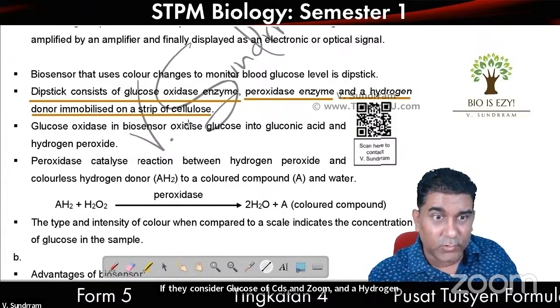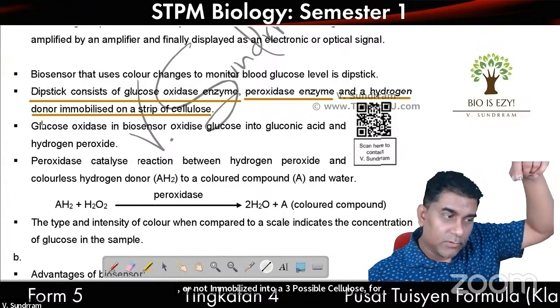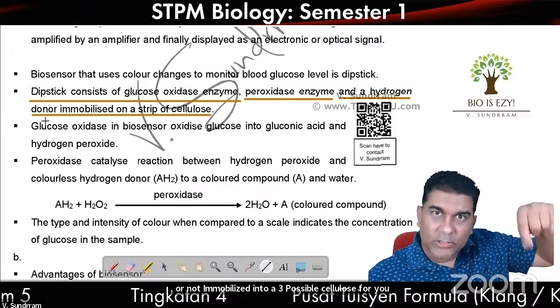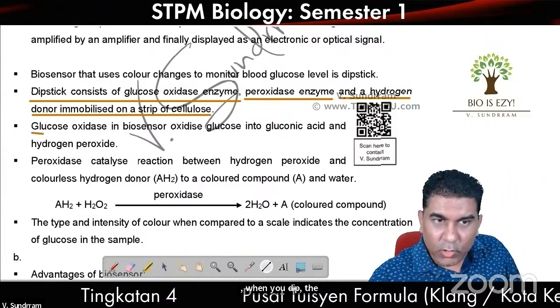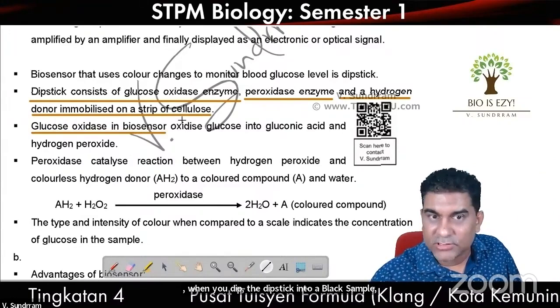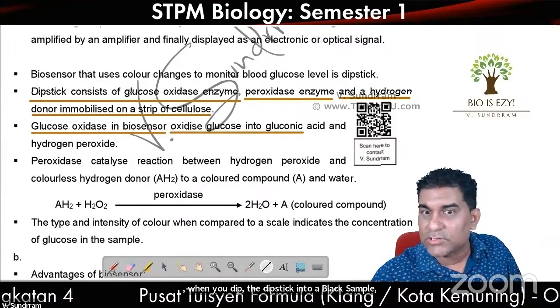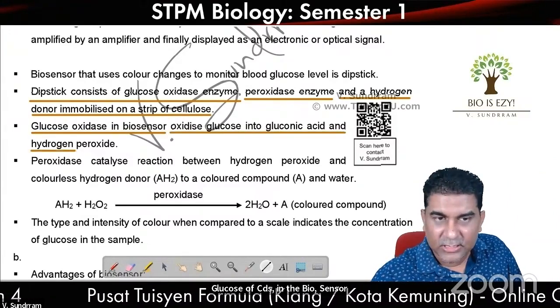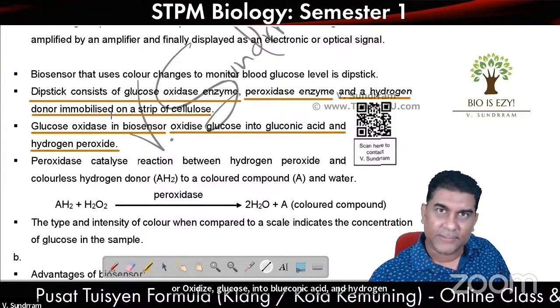When you dip it into a blood sample, glucose oxidase oxidizes glucose into gluconic acid and hydrogen peroxide.